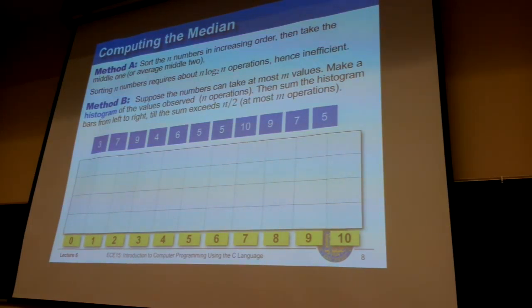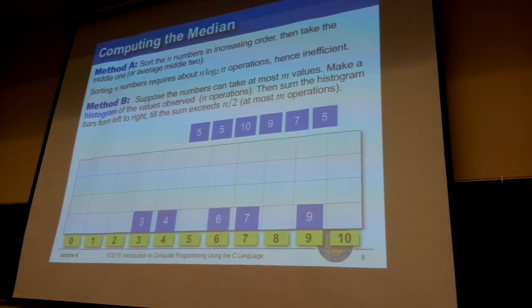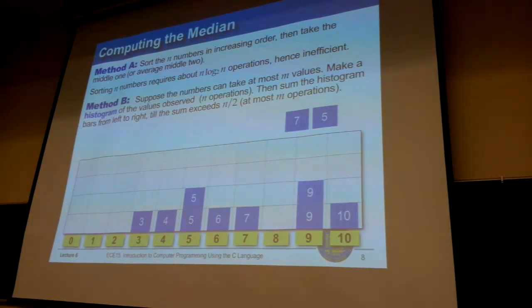We peel off these numbers one by one and add them to the right points in the histogram. We've seen 5 before, so we have another element there. We've seen 9 before, that's the second element, 7 before, 5 before. So we have 11 values, and the median will be the 6th value, the middle value when you have 11.